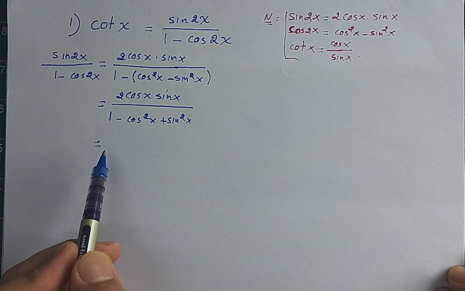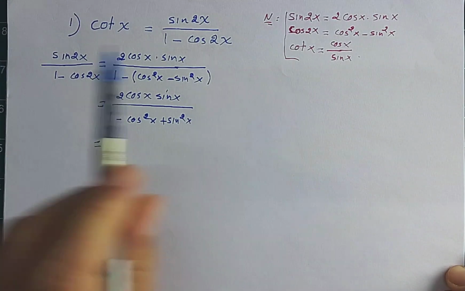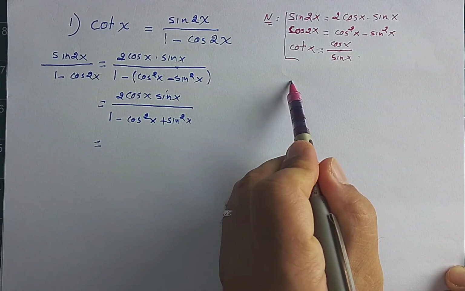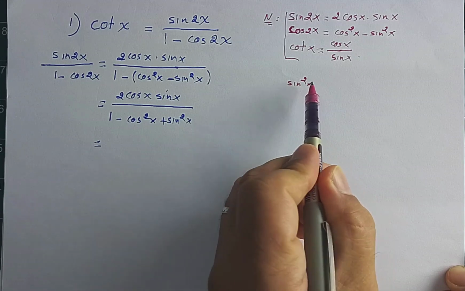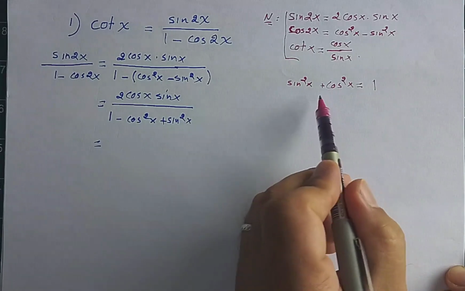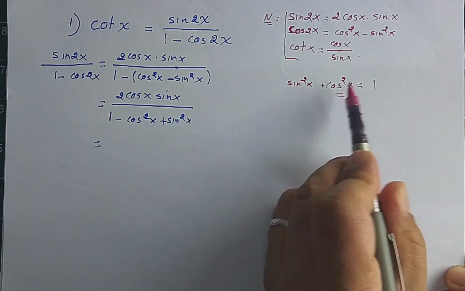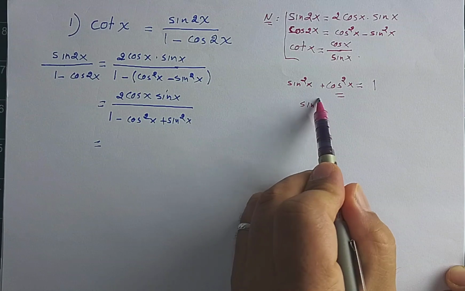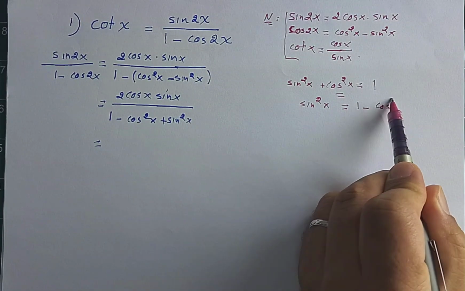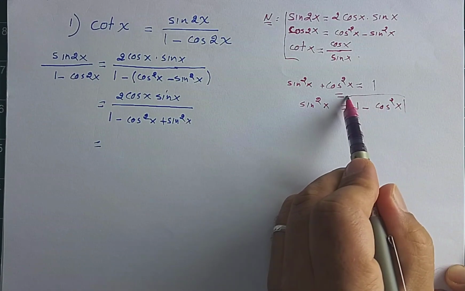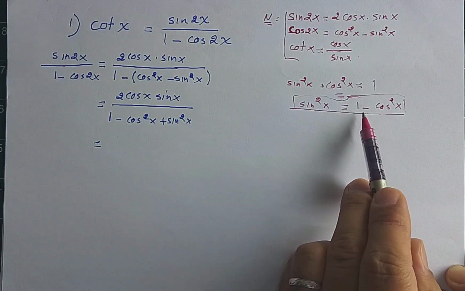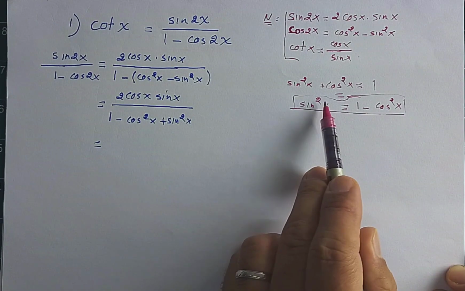So also we have here the famous formula of trigonometry, sine square x plus cosine square x equal 1. So I move this term to the right side, sine square x equal 1 minus cosine square x. So instead of writing 1 minus cosine square x, I write sine square x.